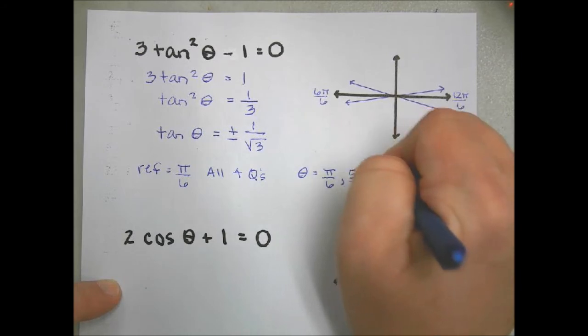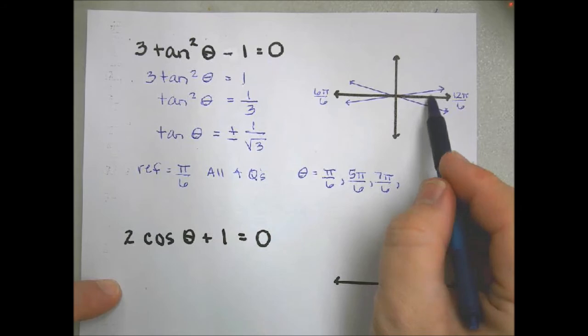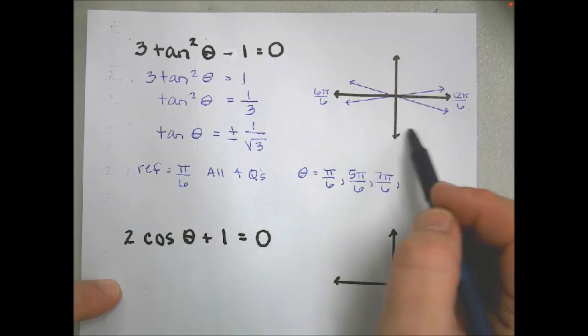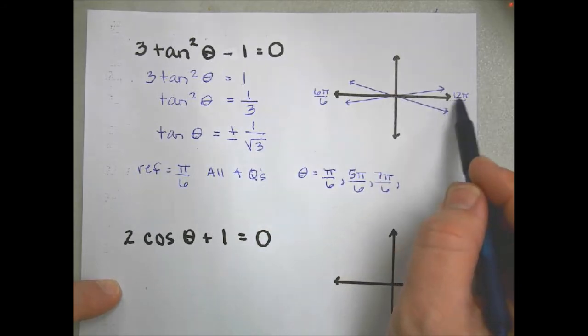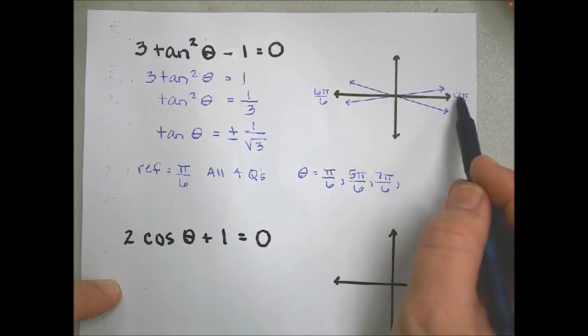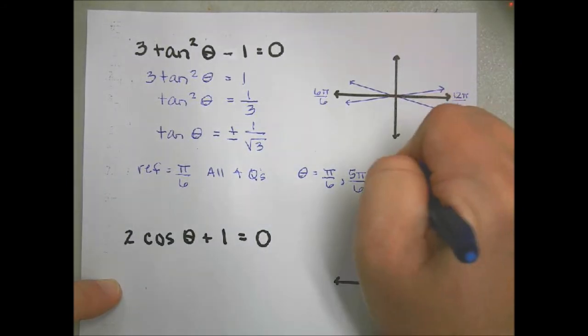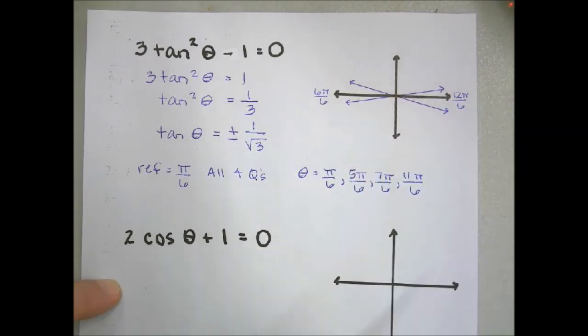So that would be 7 pi over 6. And then the final one would be going all the way around the circle. So 12 pi over 6, but actually having to backtrack by pi over 6. So subtract. 12 pi over 6 minus pi over 6 would be 11 pi over 6. And those would be the 4 answers to that problem.